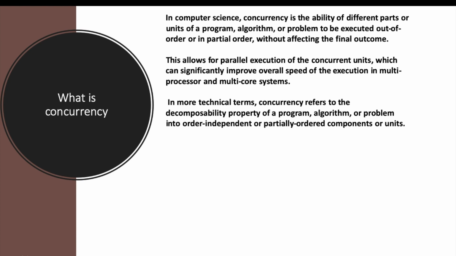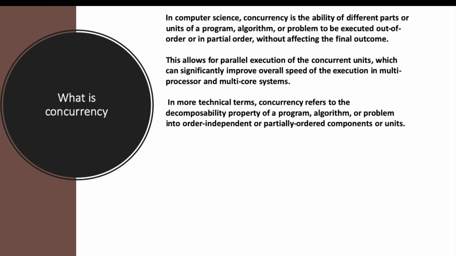So this is how concurrency works. It allows parallel execution of the concurrent units. As I told you, parallel execution means concurrency, which can significantly improve the overall speed of execution. So this is the high level and midpoint of the actual thing. You need to deliver your job in the fastest and most efficient way.